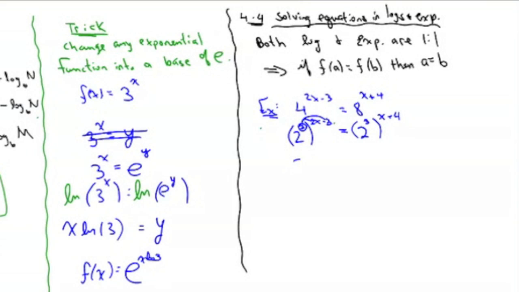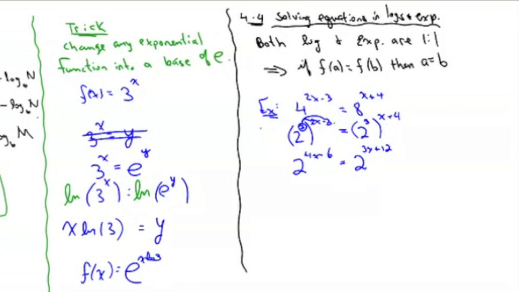So we're going to get base 2 raised to the 4x minus 6 is equal to, on the other side, you're going to distribute the 3, because power to a power here also multiply. You're going to get a base of 2, 3 times x, plus 3 times 4. And this 4x minus 6 and the 3x plus 12, those are exponents, those are powers, they're not down below.